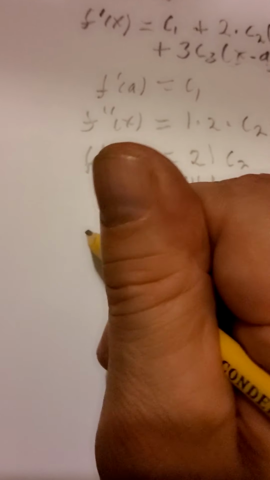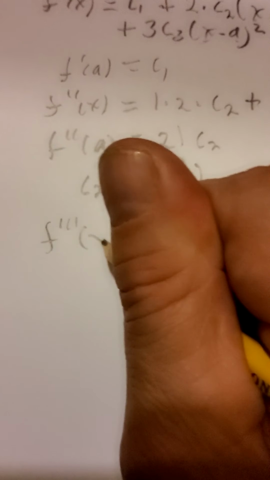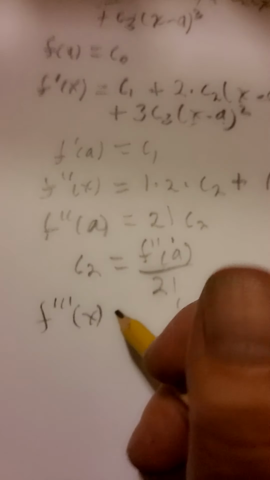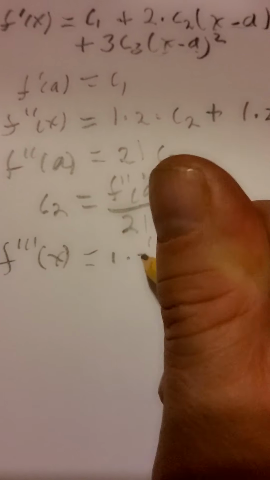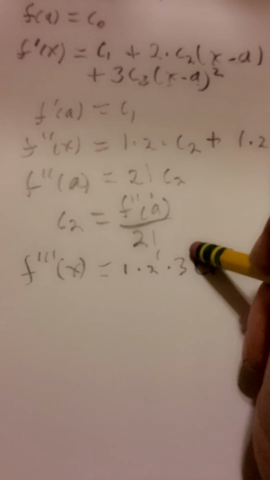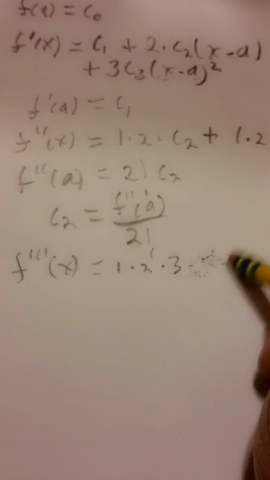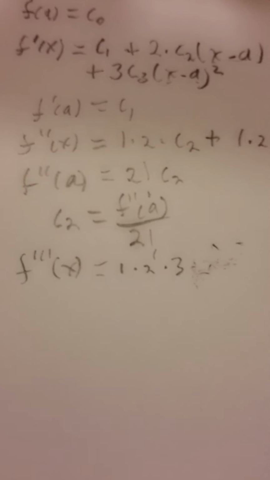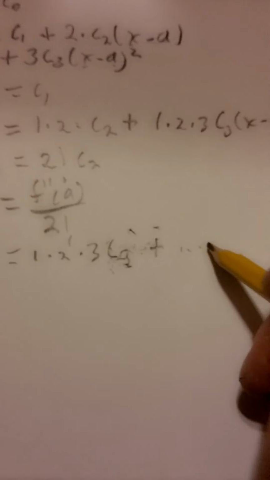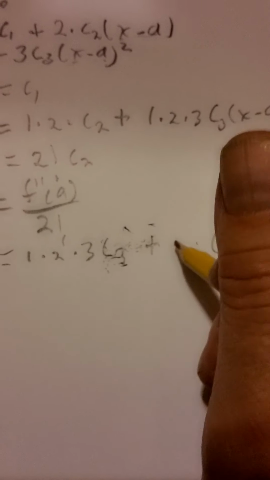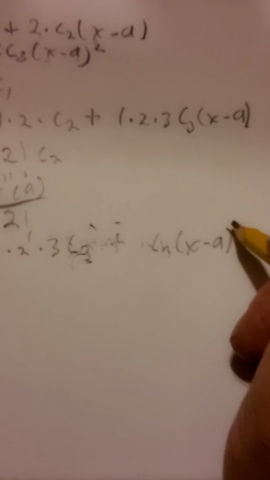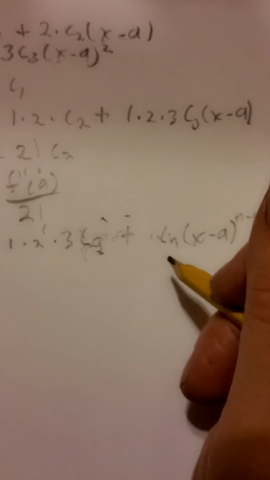Okay, and then taking the third derivative of x is going to give you 1 times 2 times 3 times c3, plus whatever you have here with x minus a's, which you would have just this c sub n times x minus a to the n minus 1 each time, right?